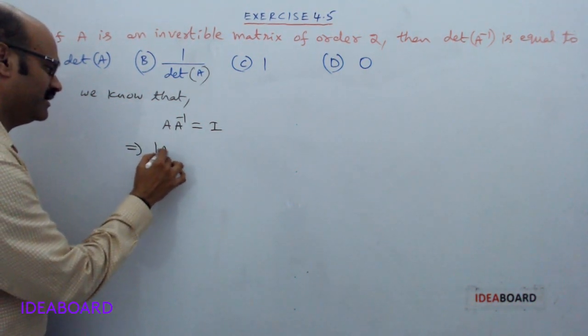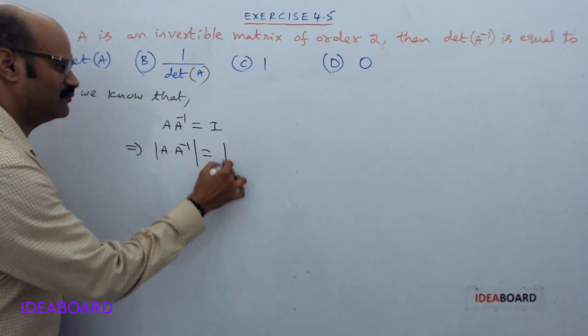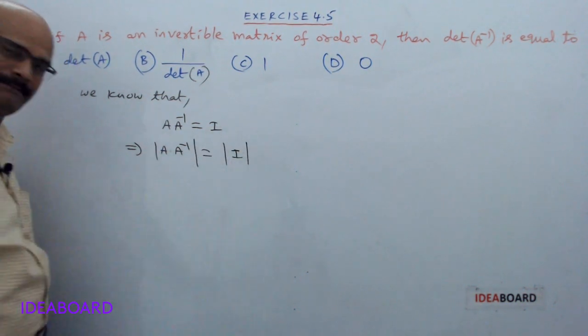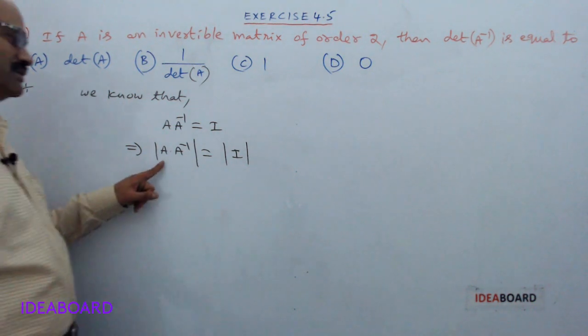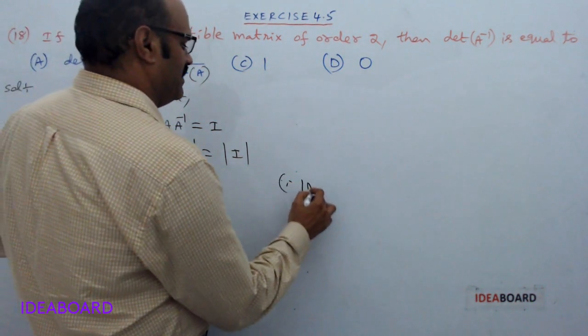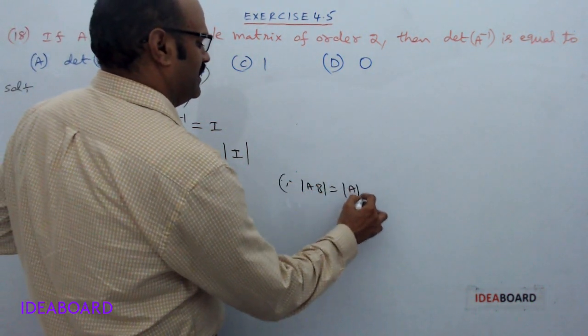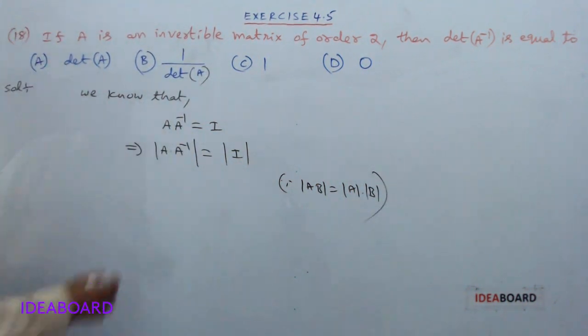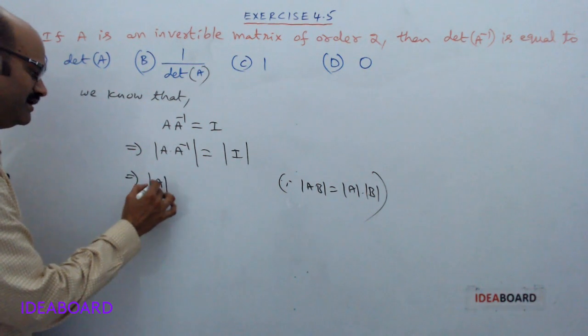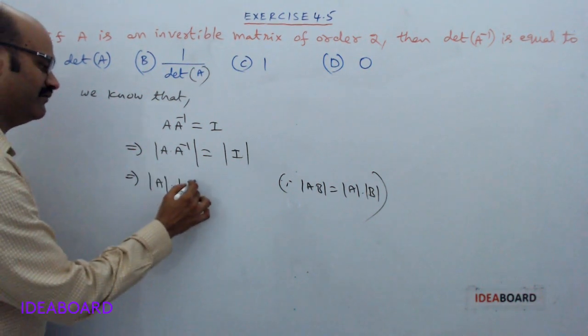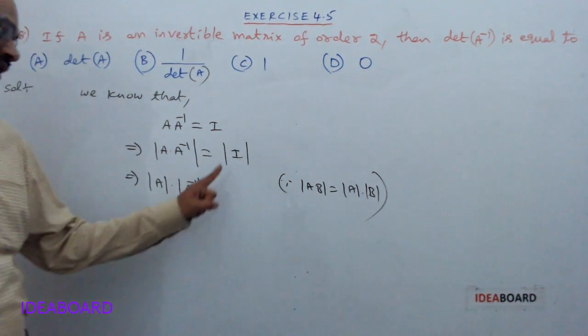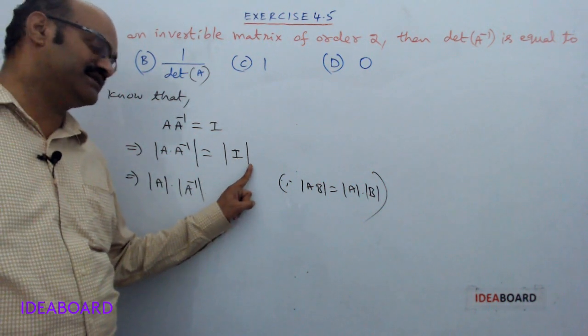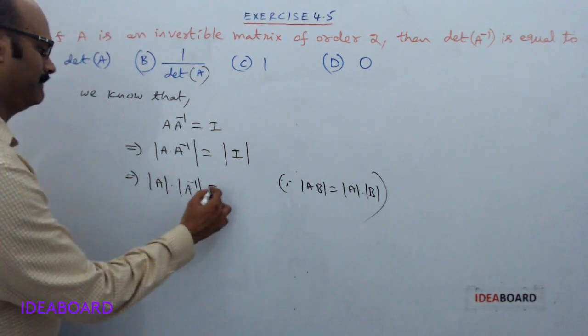It implies determinant of A into A inverse equal to determinant of I. The formula is det AB equal to det A into det B. So we can take it as det A into det A inverse equal to determinant of identity matrix, which is always equal to 1.